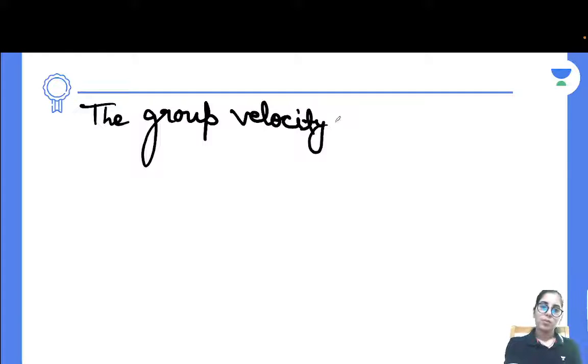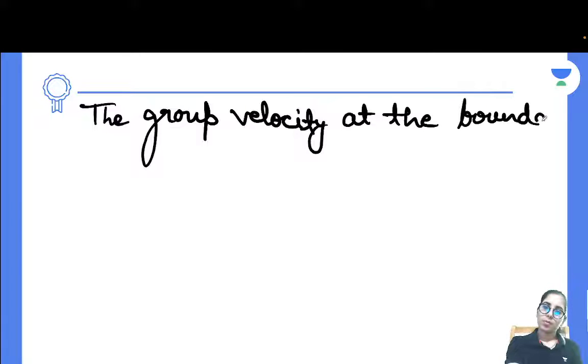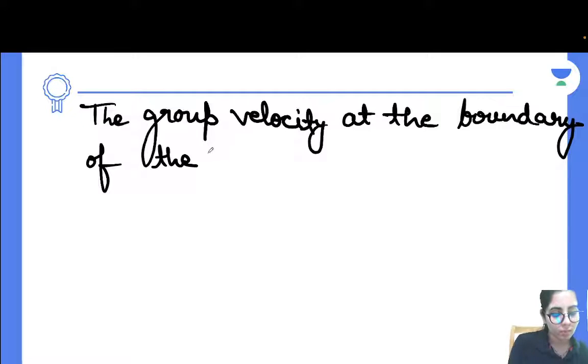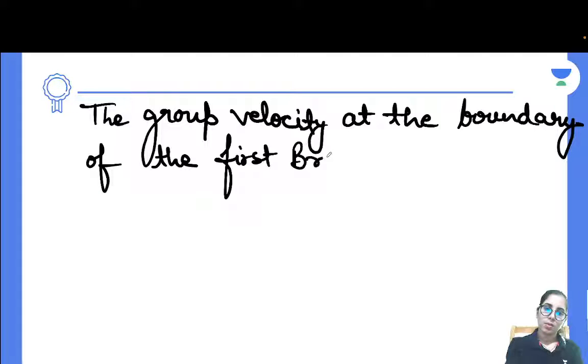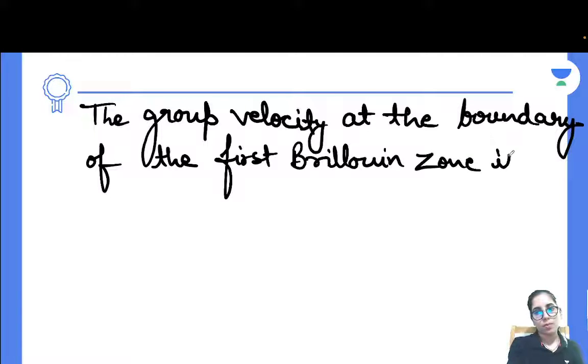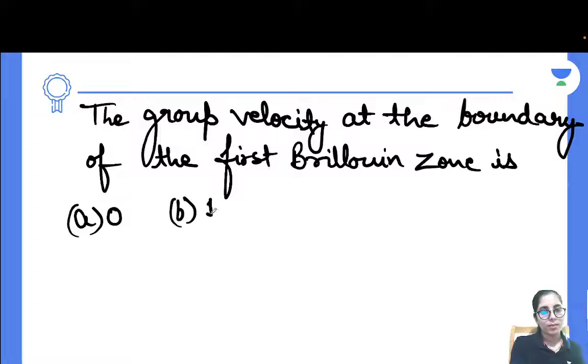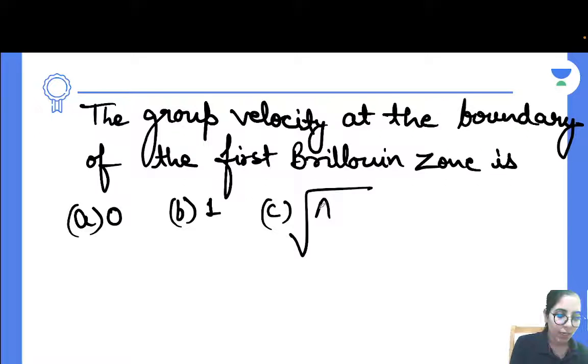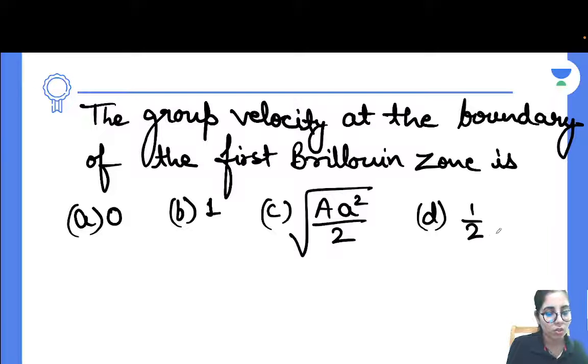At the boundary of the first Brillouin zone, the options are 0, 1, square root A over 2, and 1 over 2 square root A over 2.